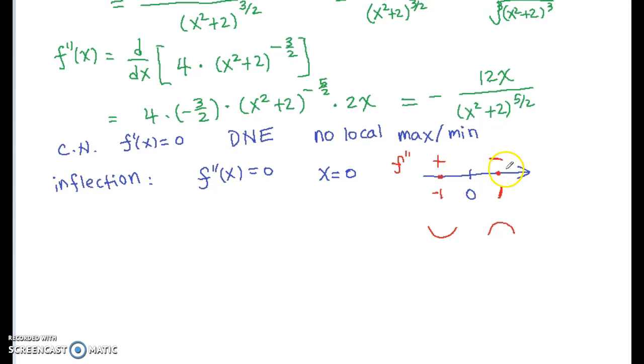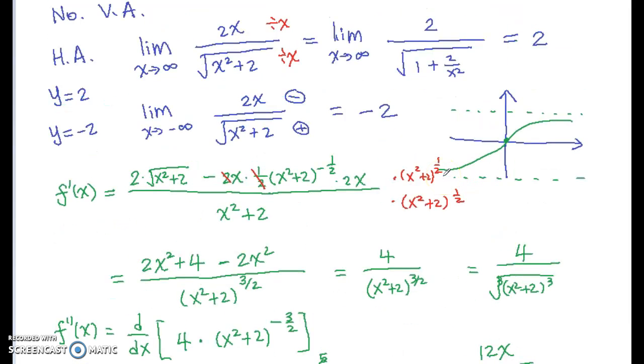So we do have an inflection point, and it's (0, 0), because when x equals 0, y equals 0. So you go back to your graph, and you make sure the graph does look concave down and concave up on both sides, just to write out the details. So that will be the final graph of the function.